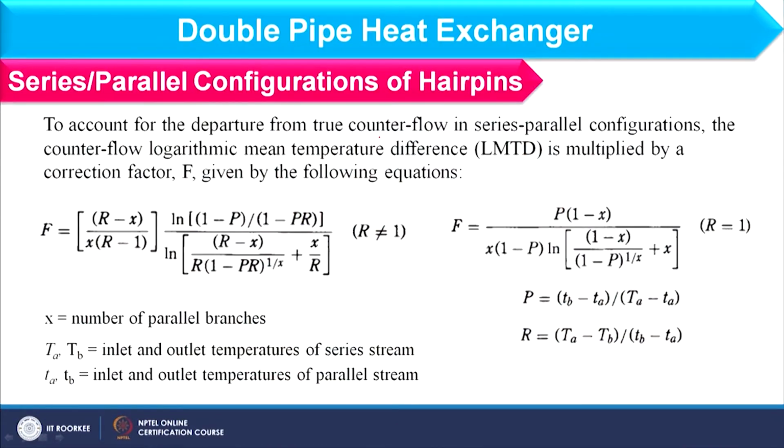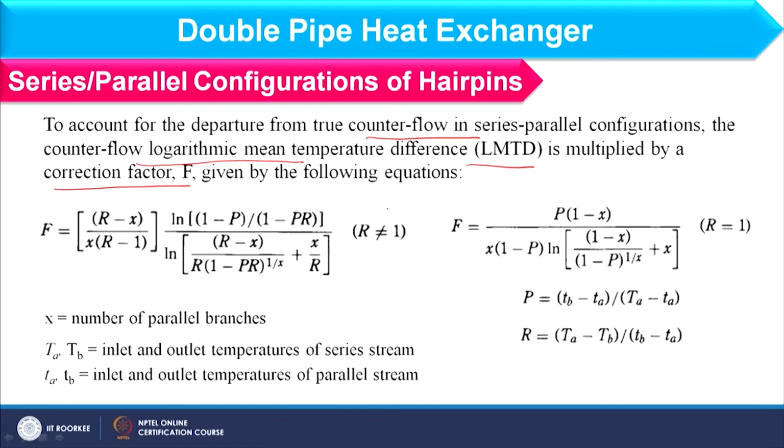So when I am considering series or parallel configuration, how should I consider the log mean temperature difference? Let us discuss that. To account for the departure from counter current flow in series parallel configuration, the counter flow logarithmic mean temperature difference, that is LMTD, is multiplied by a correction factor.